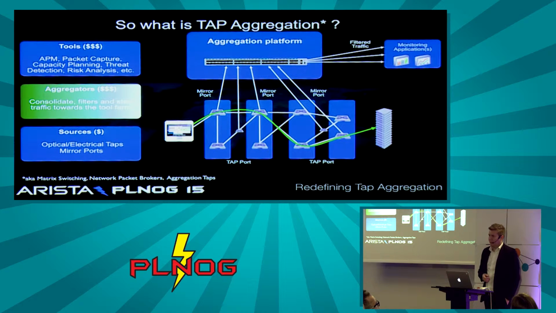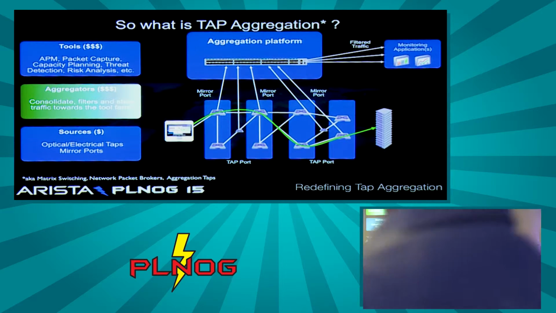But really, when I talk about an out-of-band monitoring network, Arista and I prefer to use the term tap aggregation. This is really where we're taking a number of easy-to-reach sources from the network, so monitor ports and also passive fiber taps, and aggregating them into a single point that we can then manipulate, consolidate, and filter as necessary to be able to offer that traffic to a wide range of network tools.